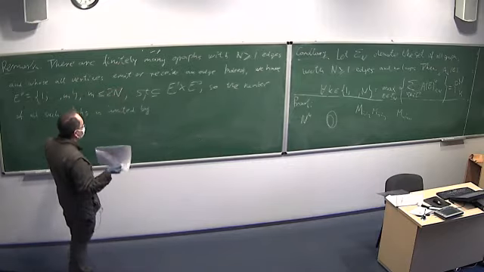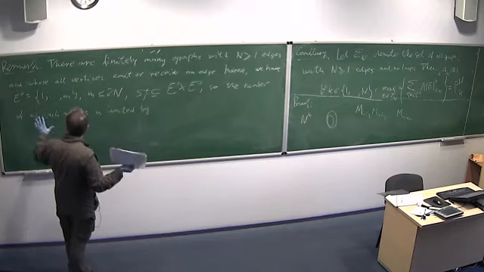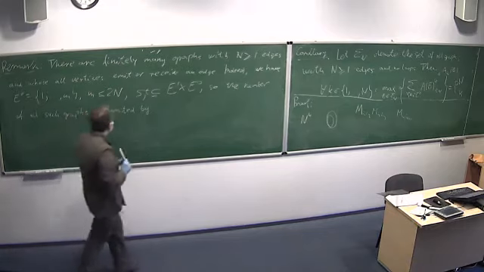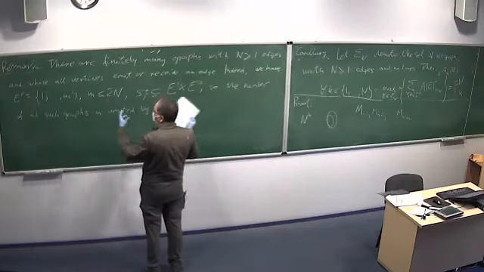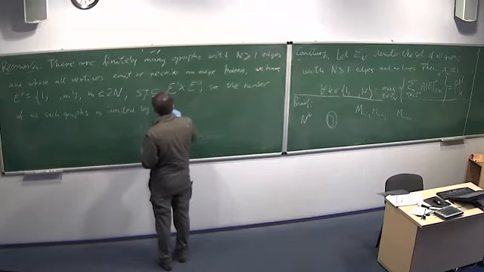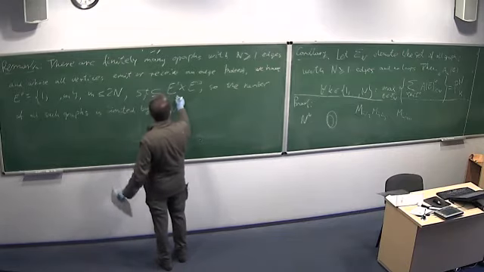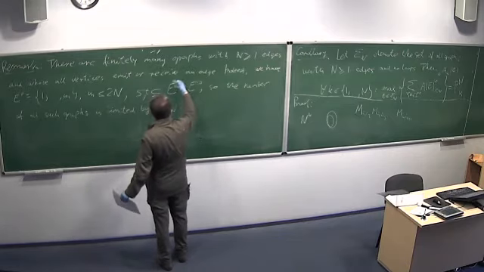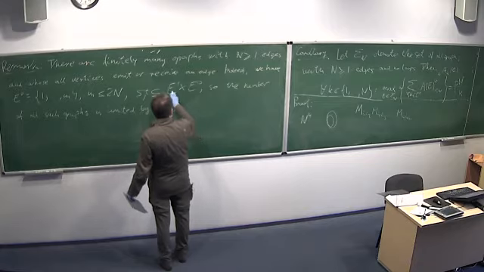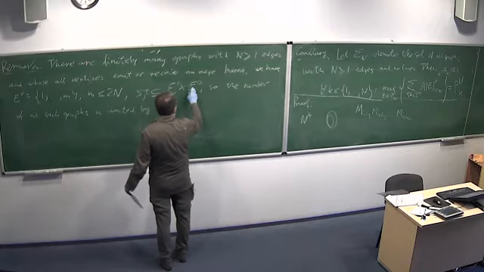Remember, a graph is a quadruple, so E1 is fixed. It has all the n different edges. Well, E0 is not fixed, but the number of all possibilities is at most 2n. And here the number of all possibilities, so I take the set of all subsets in this Cartesian product, and this has n elements, this has at most 2n elements.